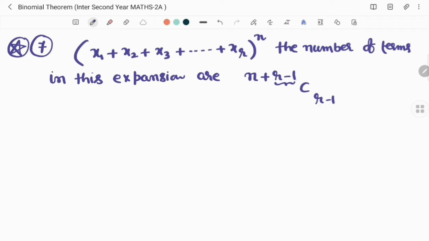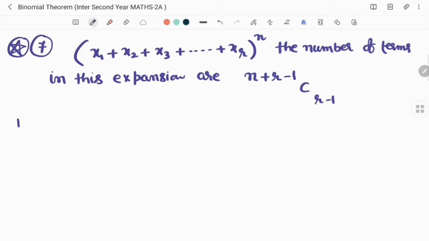Remember this way: n plus r minus 1 C r minus 1. Just for understanding, I wrote it like this: n plus r minus 1 C r minus 1.